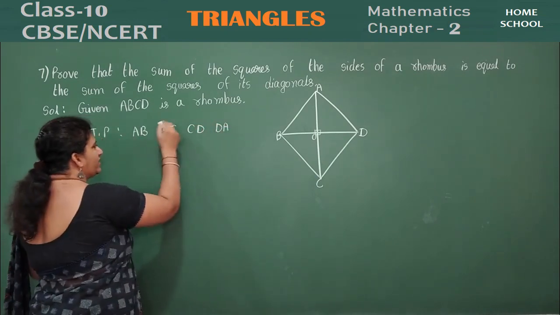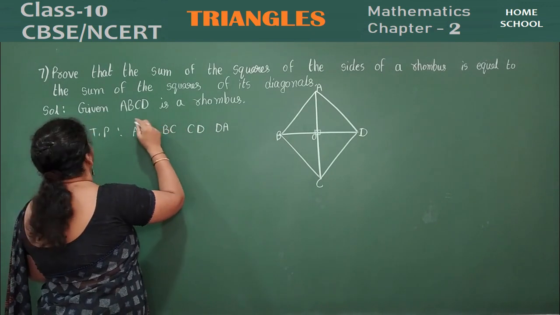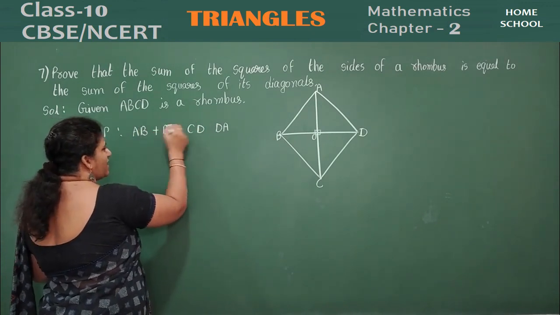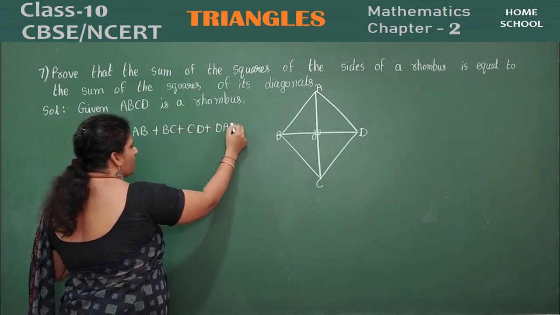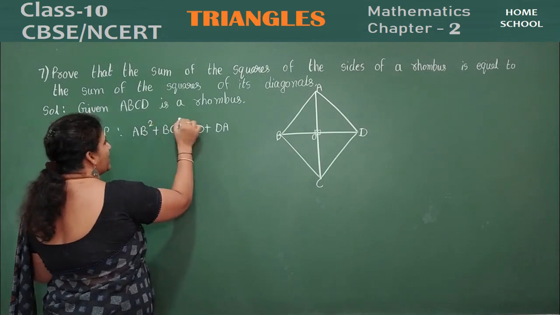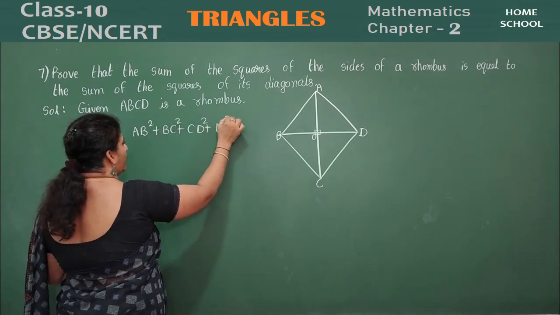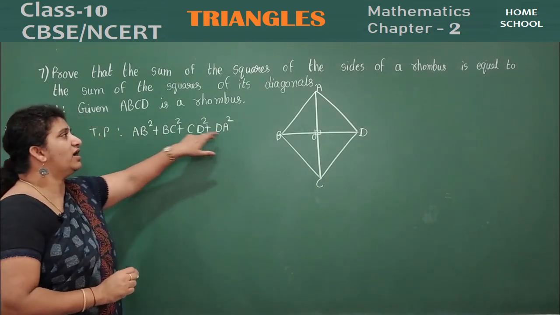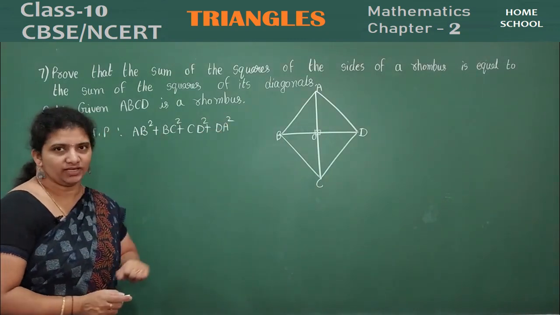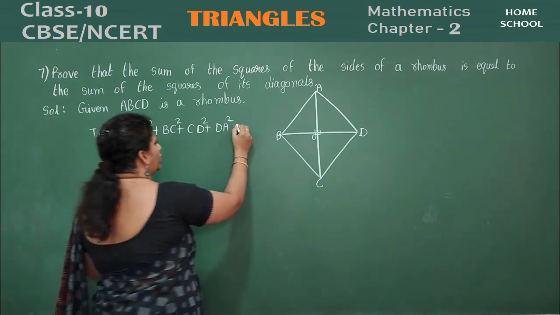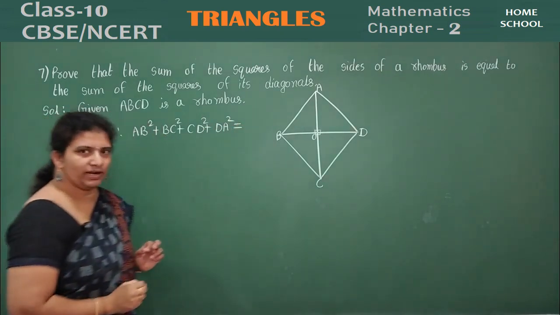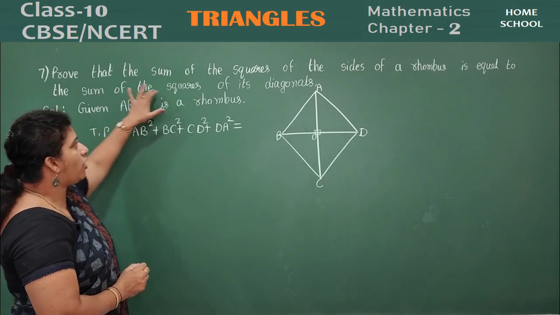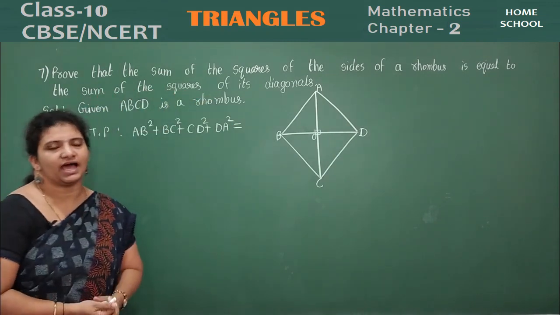So look here, what is your statement? Prove that the sum of the squares of the sides of a rhombus is equal to the sum of the squares of its diagonals.